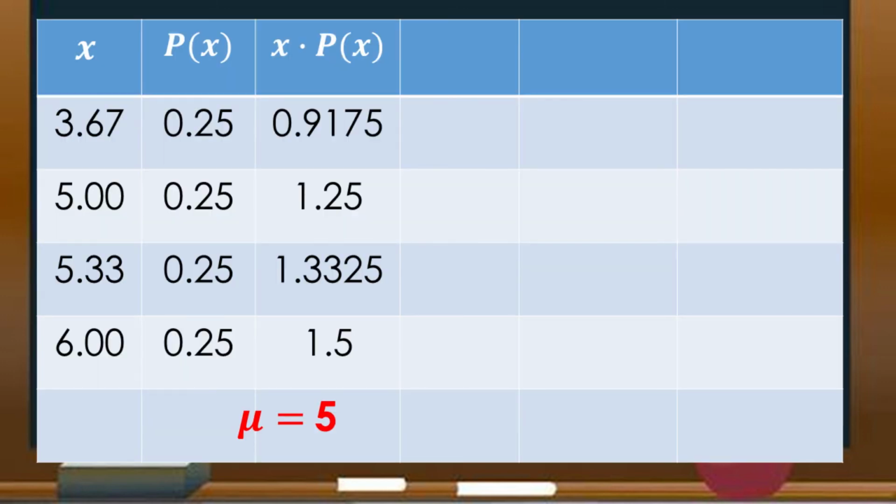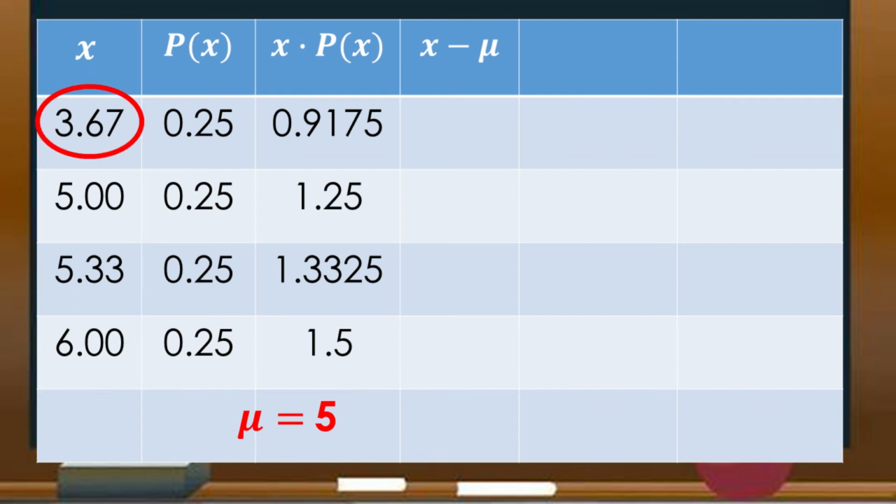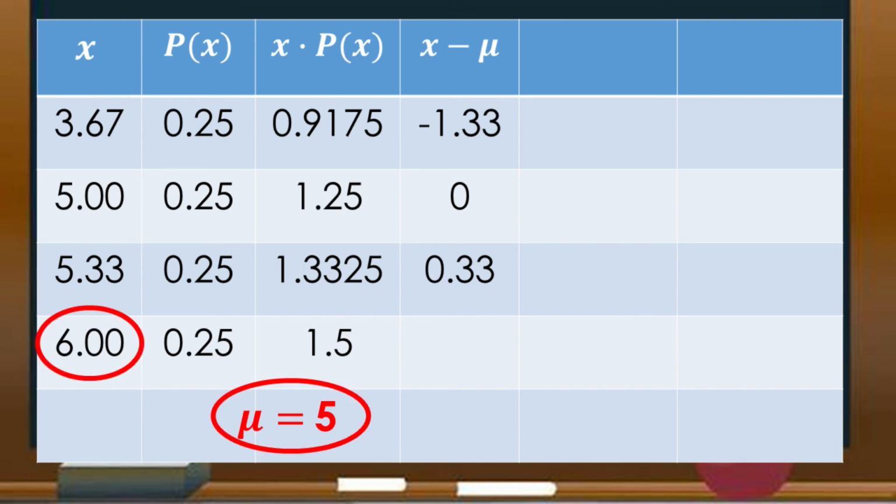Third step. Subtract x and mu. 3.67 minus 5 is equal to negative 1.33. 5 minus 5 is equal to 0. 5.33 minus 5 is equal to 0.33. 6 minus 5 is equal to 1.